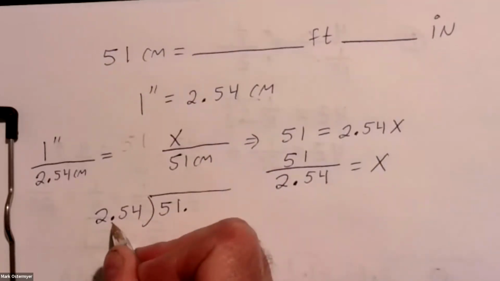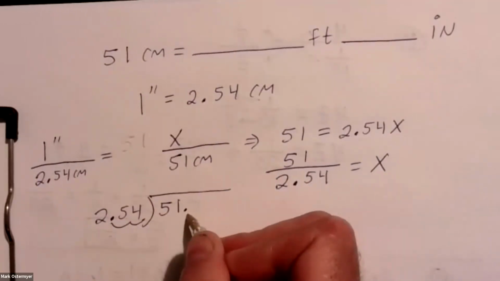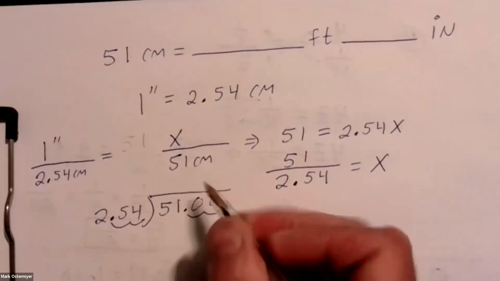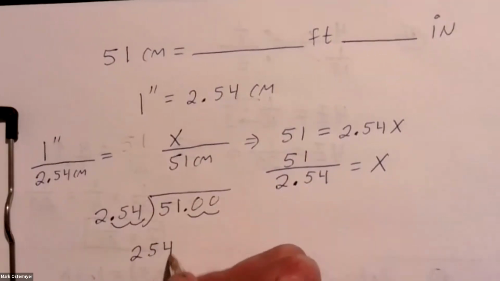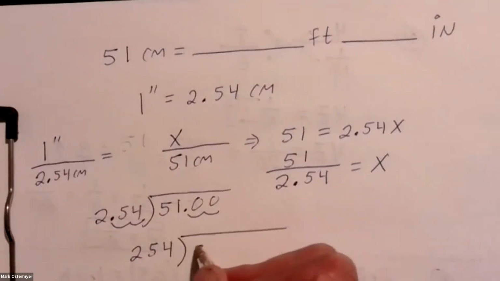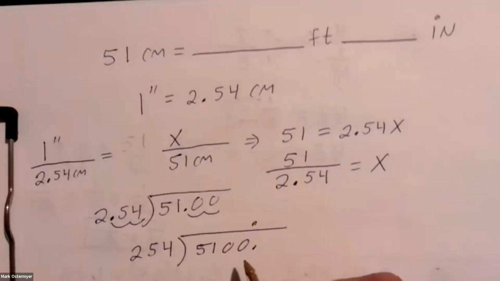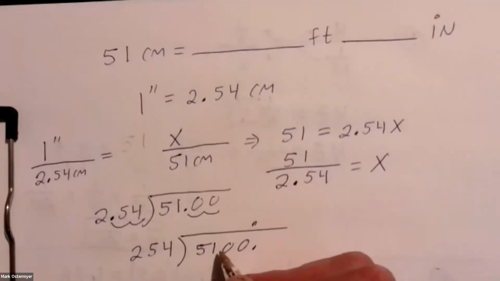I move the decimal point 2 places to the right to make the divisor a whole number, and 2 places to the right to make the dividend a whole number. So this is 254 divided into 5,100. 254 divides into 510.